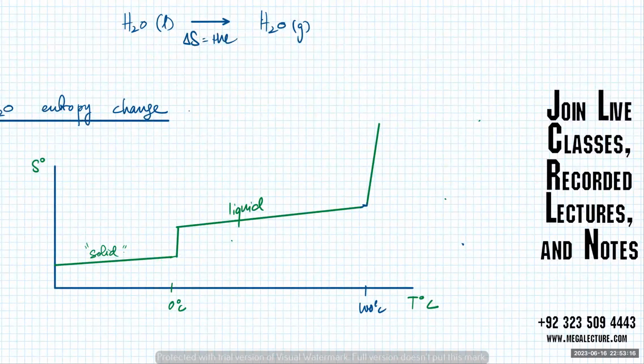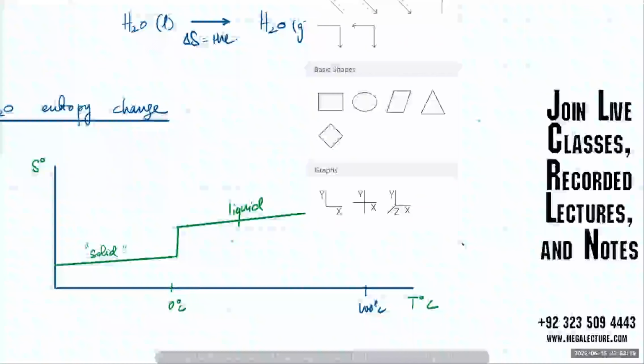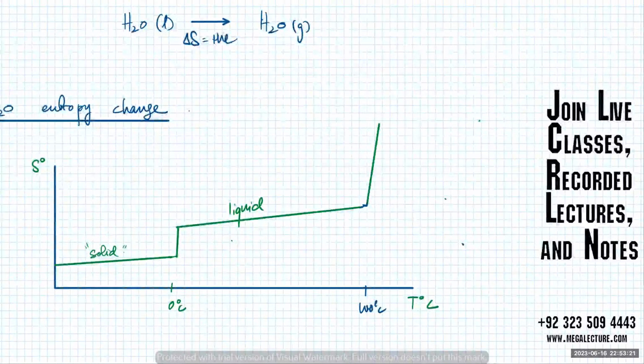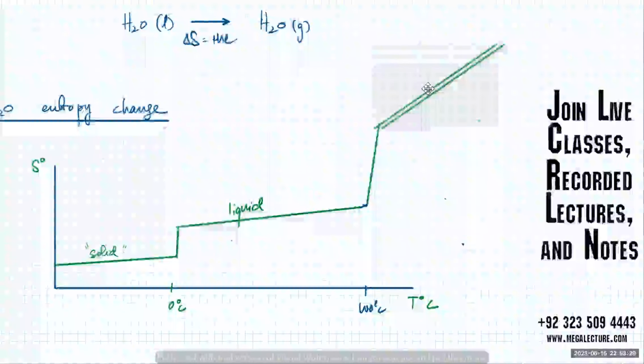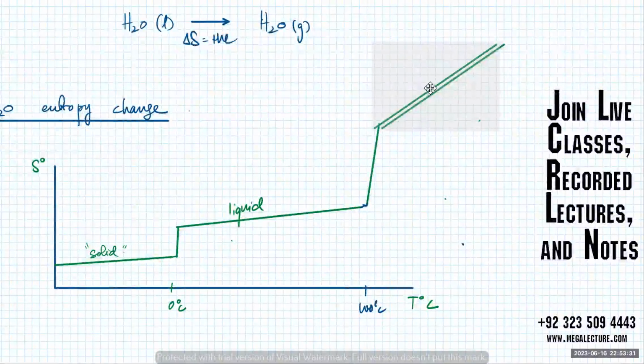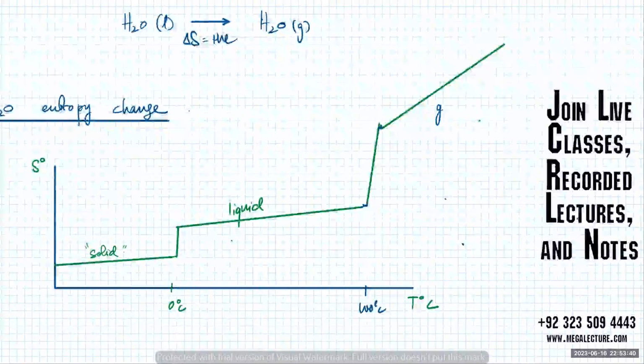So after this, the line becomes a linear line. It kind of starts rising up, because if you heat gas, its disorder continues to increase.